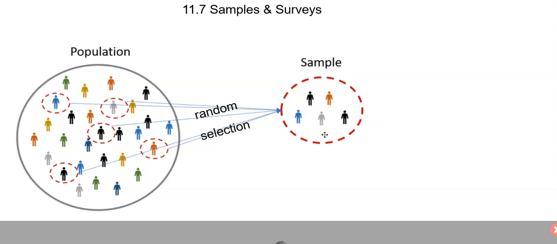So you want to get a cross section of different ethnicities, different ages, grades in this case, a school. You want to get many different types of folks and have a nice representative sample that we can ask our question to and maybe find out more about.